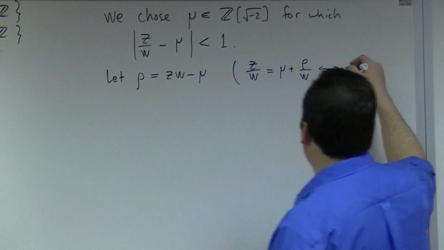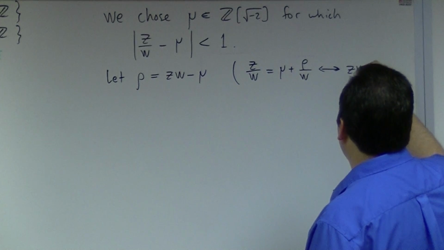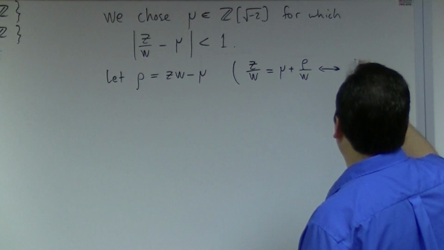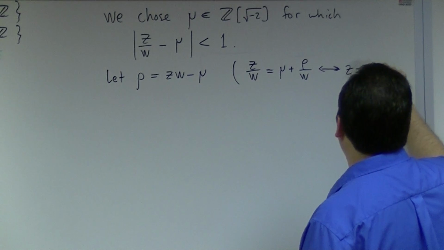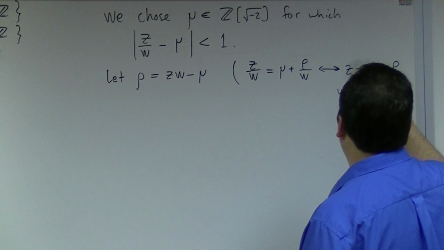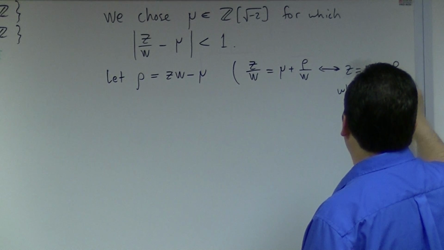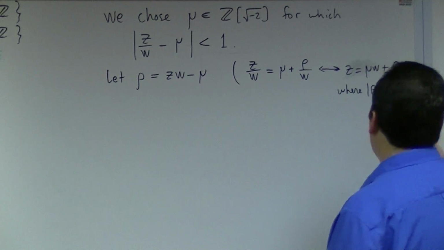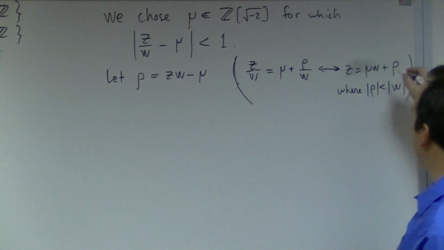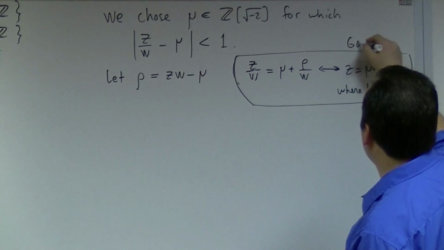So that's straight division, but we usually look at it as z is equal to what? Mu times w plus rho, where the size of the remainder is less than the size of the dividing number, right? Let me put a bubble right here. This is our goal.